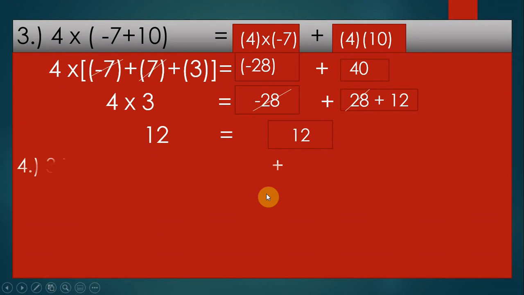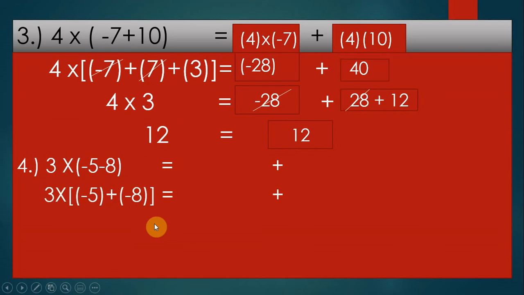Okay, let's have the number 4 example. 3 times quantity negative 5 minus 8. The same process we will be doing. Answering this by PEMDAS, that's 3 times negative 5 minus 8. Apply the rule of subtraction. Change the sign of the subtrahend and proceed to addition. So this minus becomes plus, and this positive 8 becomes negative 8.